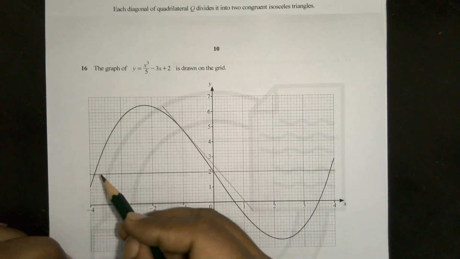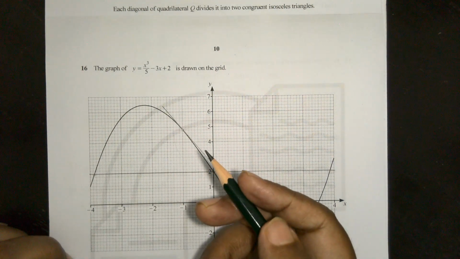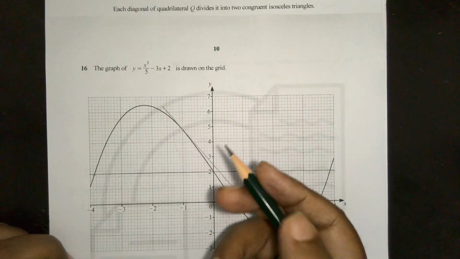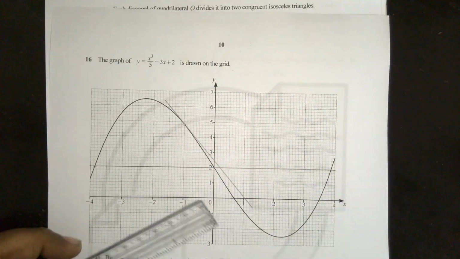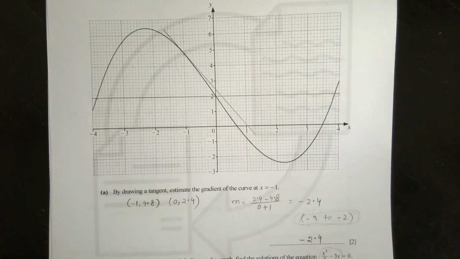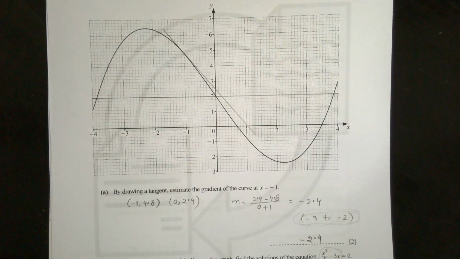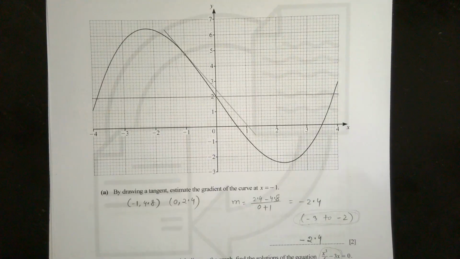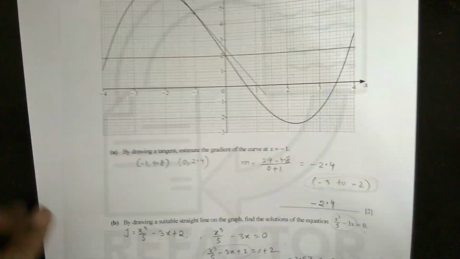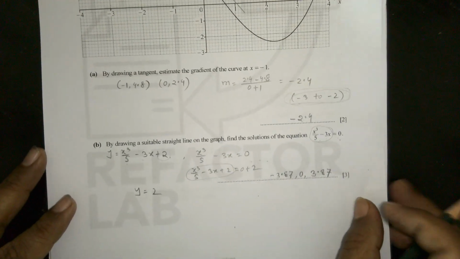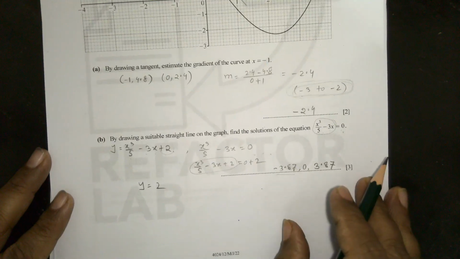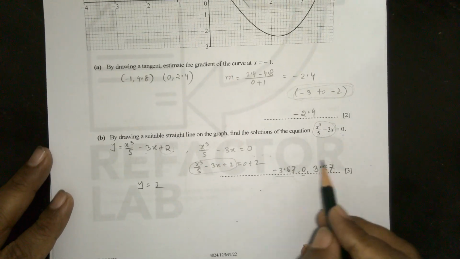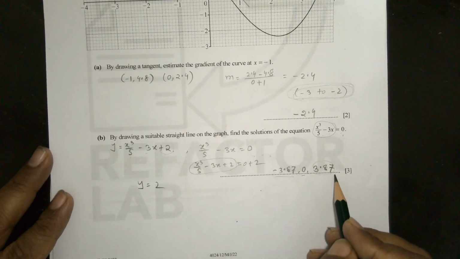So it could be minus 3.87 or minus 3.86. So I'm writing one as minus 3.87, another is 0, and the last one is positive 3.87.